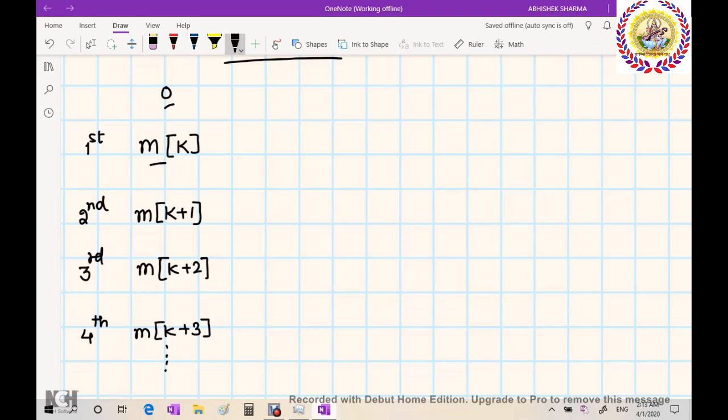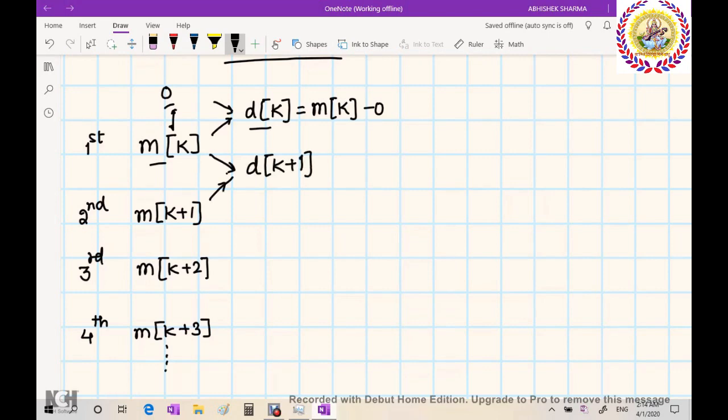Now first we have to transmit the difference between mk and 0. That means the first difference will be nothing but mk minus 0, and its equivalent value is dk. Then dk plus 1 will be mk plus 1 minus mk.